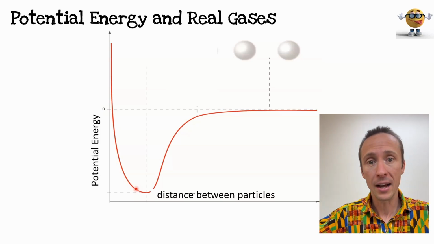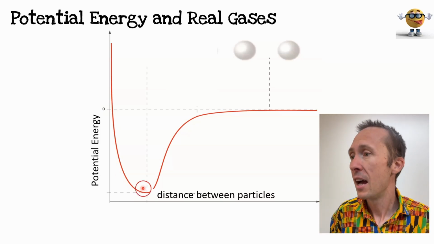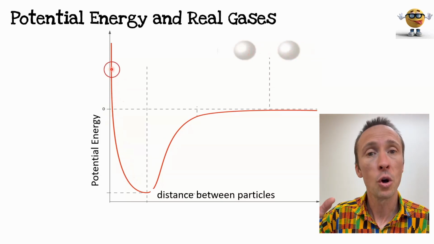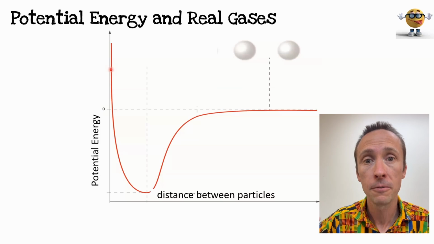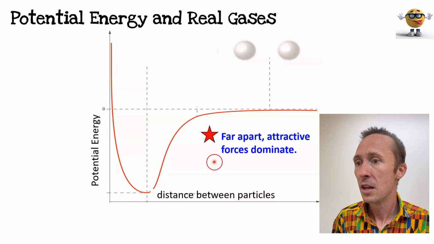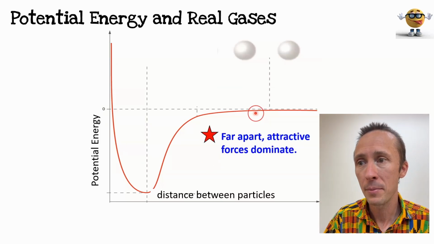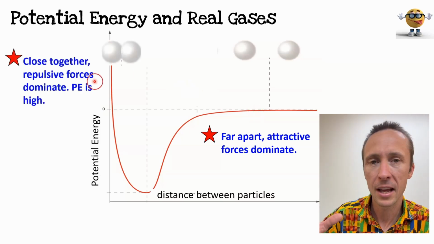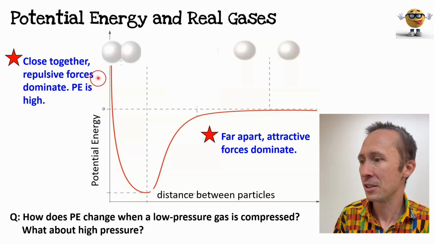Not if it's wide out and extended, but if it's really compressed. So if these two particles get too close together, the potential energy goes up. And this is when repulsive forces dominate here. So far away, attractive forces dominate. They come together when they're far away. But too close together, repulsive forces dominate and the potential energy is high.